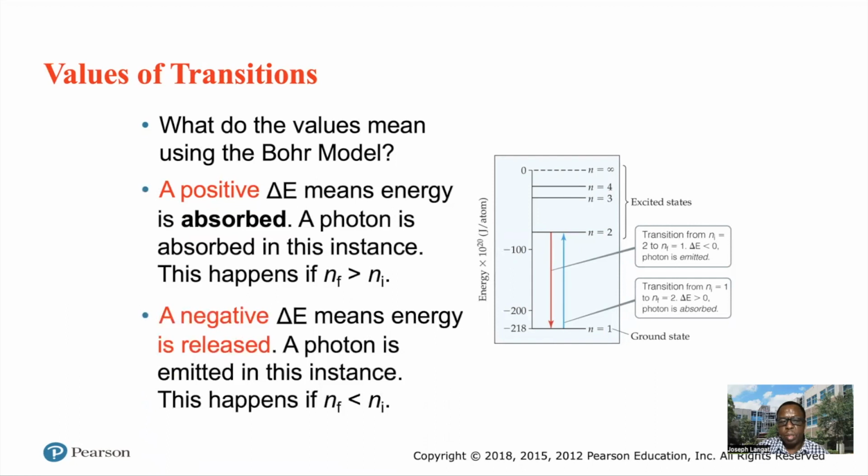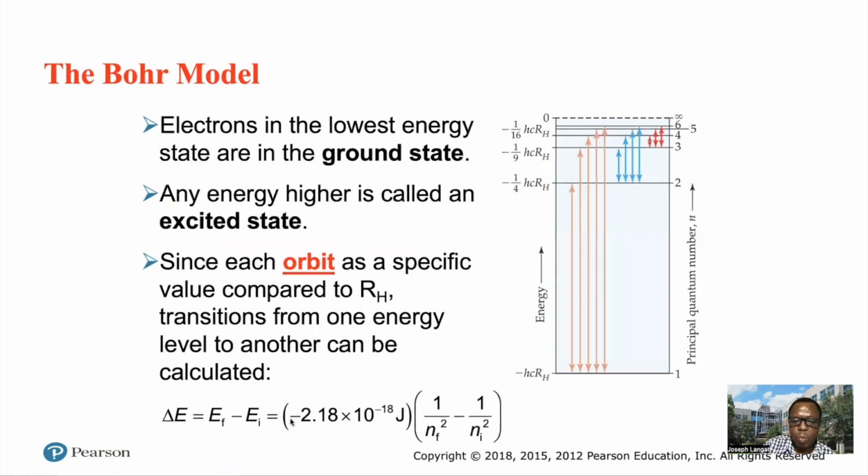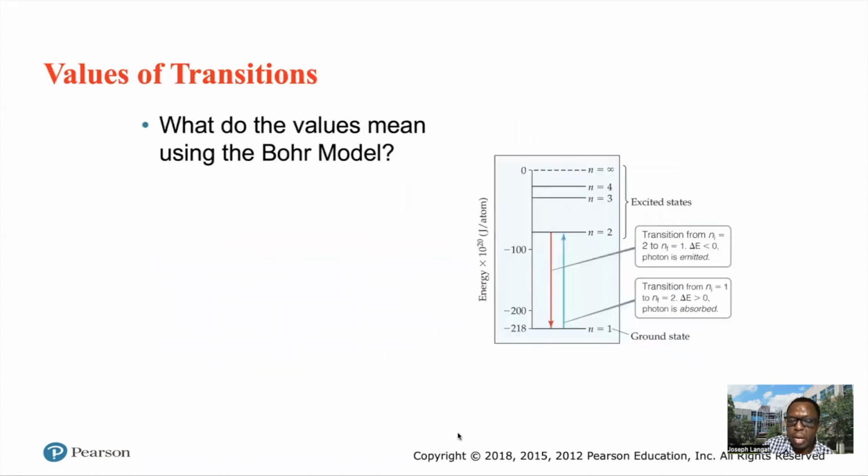If light is absorbed, positive means energy is absorbed. Negative change in energy means energy is released. And for this change in energy, you're going to use this equation, and this is a constant with a negative, so it's given out. The point here is the final and the initial energy state.